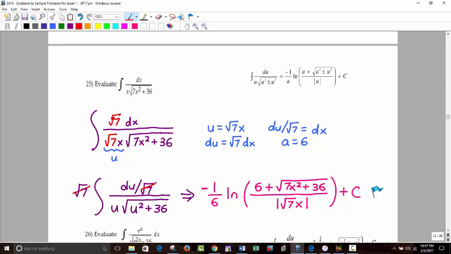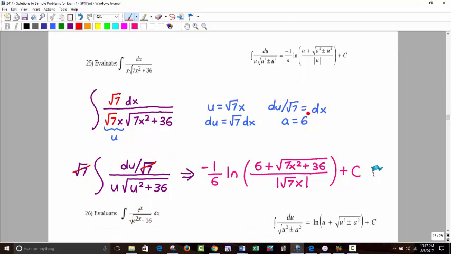It needs the square root of 7. So this square root of 7 comes outside the integral, and then I let dx just be the du over the square root of 7. It ends up canceling anyway. You probably could have gone about that a little bit different way than I did there, but they do end up going away.